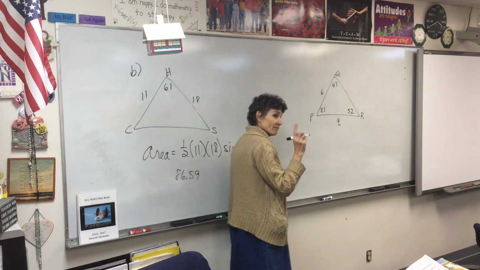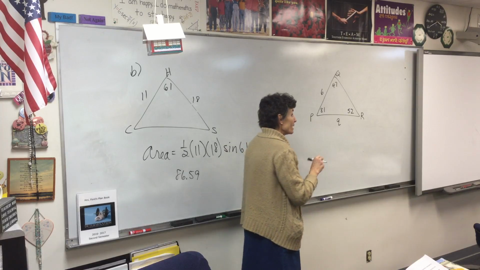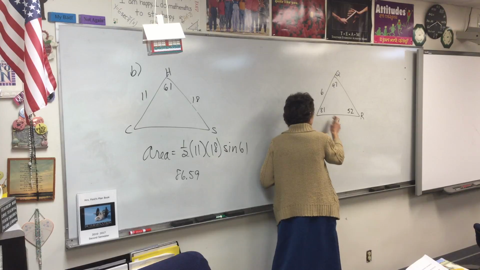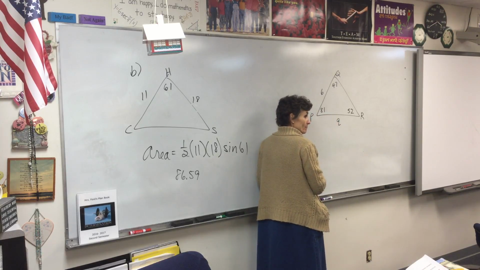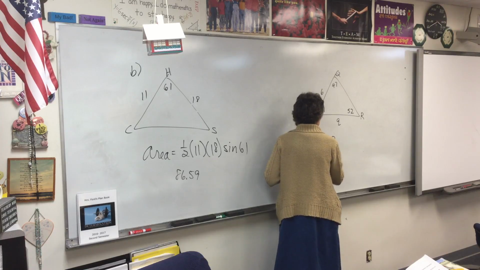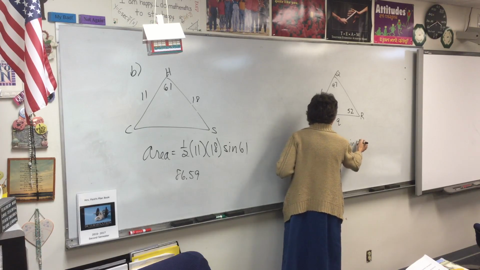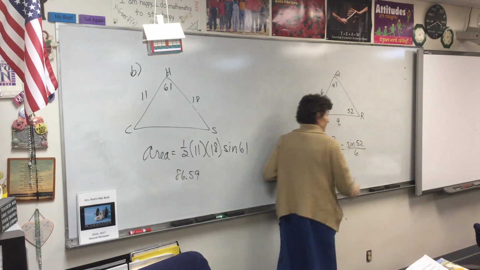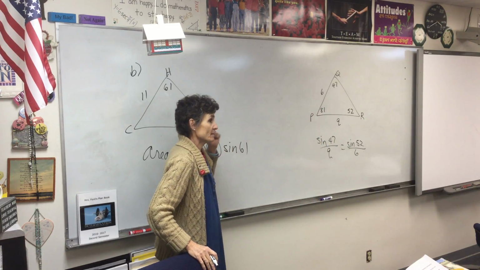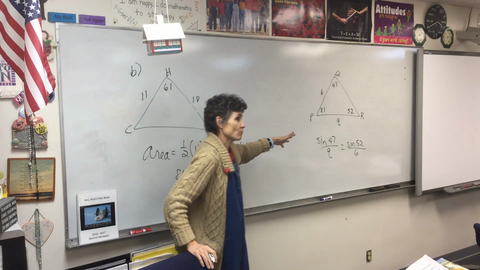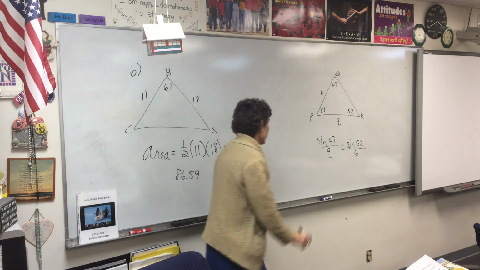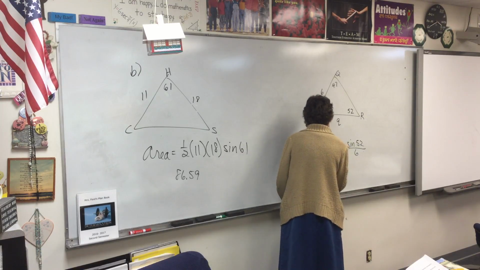So now I'm going to find side Q. Because if I want area, I need two sides and the angle between them. So sine 47 over Q equals sine 52 over 6. We're going to do this problem just like we did this one, but it's got that first step first. I got to find side Q in order to do it. So I'll cross multiply.